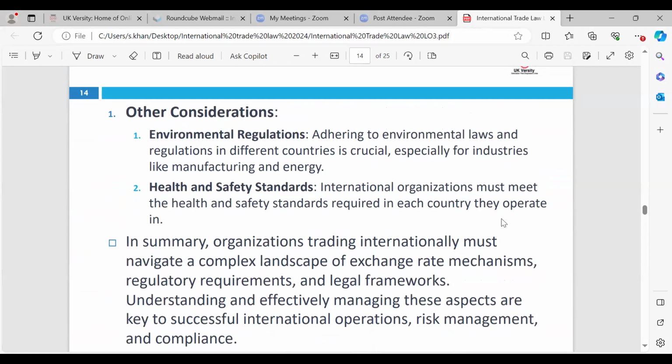Health and safety standards. International organizations must meet the health and safety standards required in each country they operate in. Health and safety standards are not just about the organization itself, but also the employees and the machinery that is being used. Health and safety is one of the important standards which, if breached, is a fine or a criminal offence in itself.